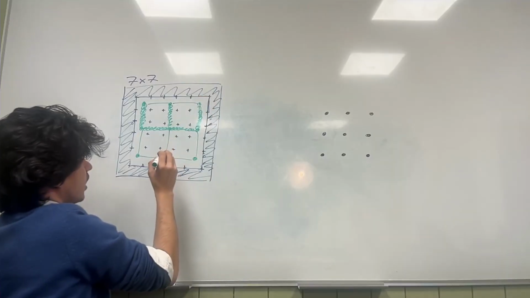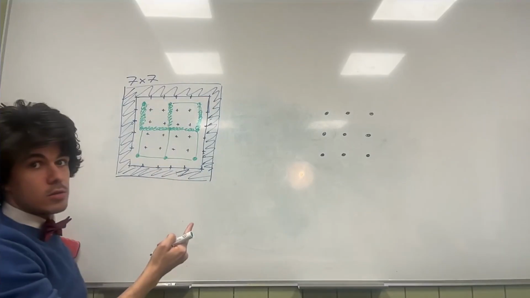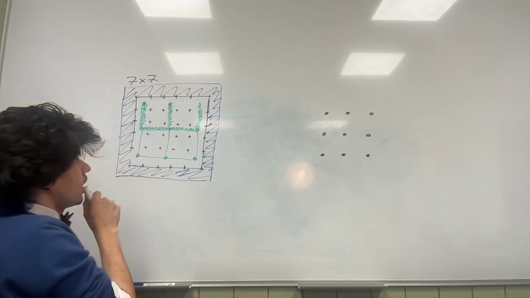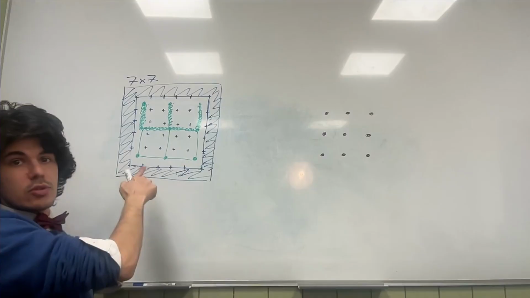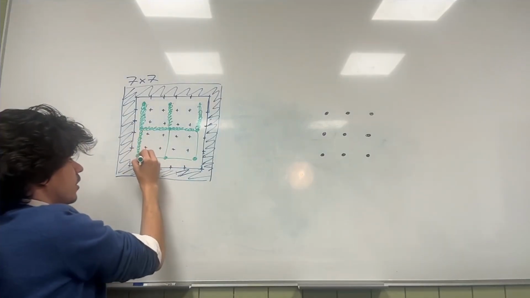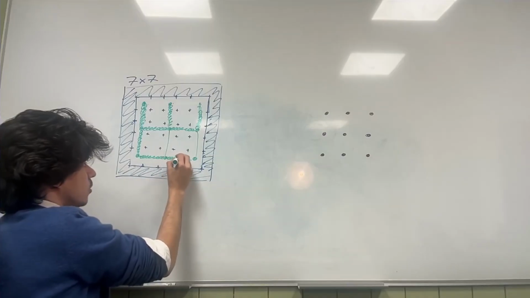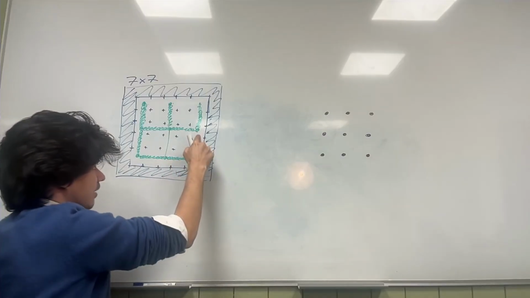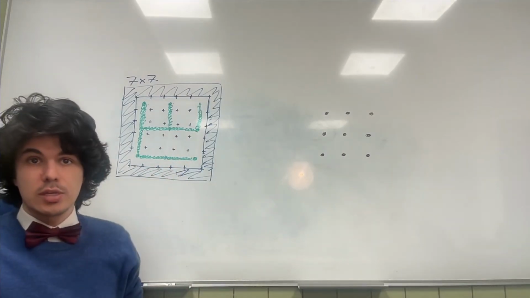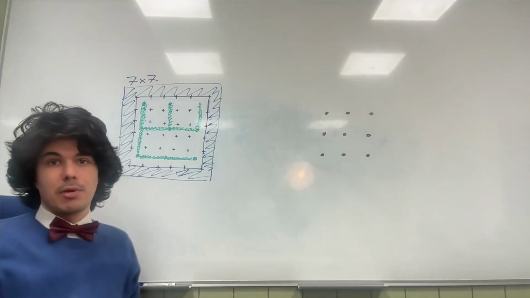And then I shouldn't include this edge because that's going to create a cycle. And I shouldn't include this edge because that's going to create a cycle. Then I need to include a few more edges to include these nodes down here. So one thing I could do is I could just include this edge, and then this edge, and then maybe this edge as well. And then I'm going to have to get rid of these edges, and this edge, and this edge, and I've got a spanning tree. And it was randomly chosen. I just made it up as I went along.